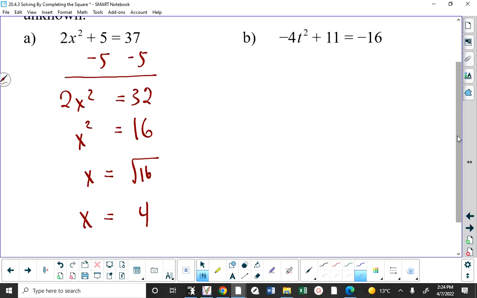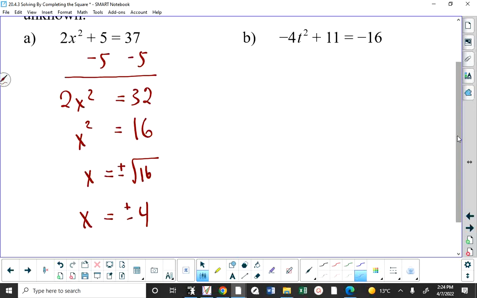Goes back to Sasha's comment about how many answers we should get. This is quadratic. Shouldn't we get 2 answers? How come we're only getting 1? No one? Right. When you take the square root, you go plus or minus. So it's plus or minus 4.